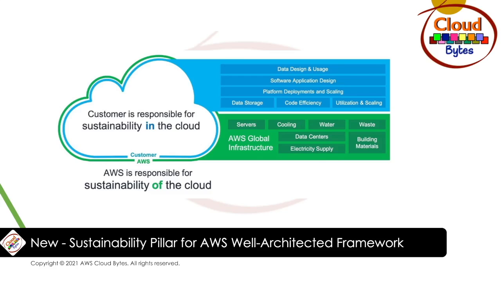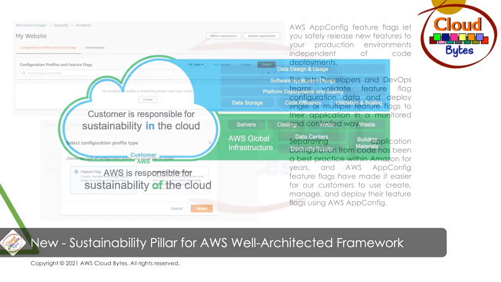The Sustainability Pillar contains questions aimed at evaluating the design, architecture, and implementation of your workload to reduce energy consumption and improve efficiency. The pillar is designed to be used as a tool to track your progress towards policies and best practices that support a more sustainable future, and not just a simple checklist. So I would request you to go look at the details and visit the AWS blog to read about the Sustainability Pillar.